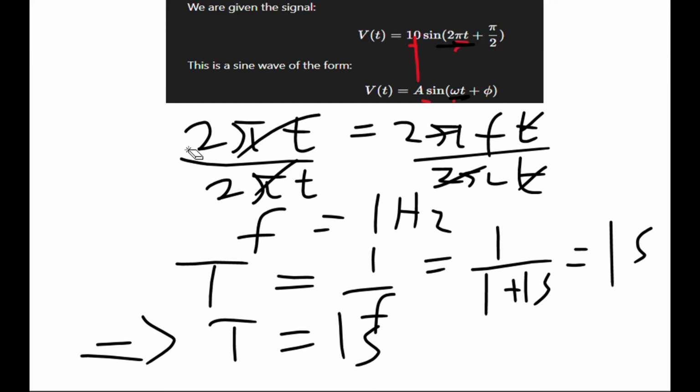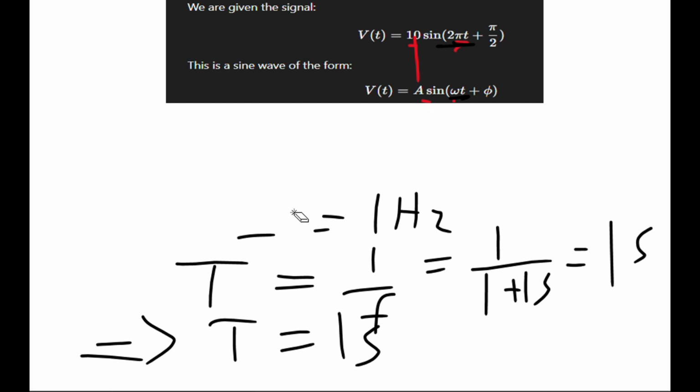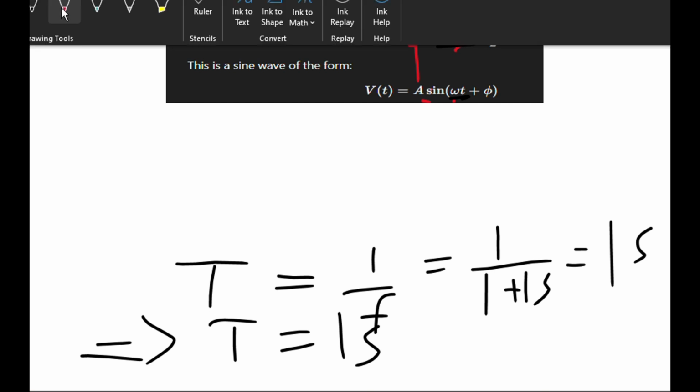So from there, I think we're supposed to find the linear frequency. Yes, linear frequency. So let me wipe this off so you can see that space. Okay, so I think we are set.